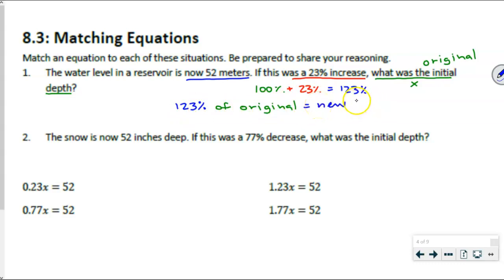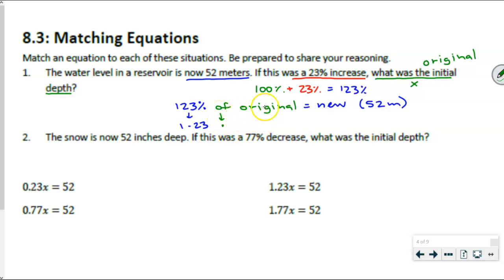Fun fact, that new amount is 52 meters. I would say Y if I didn't know, but since the problem tells me that it's 52, I don't need to use a symbol because I know the amount. So let's translate this from English to mathematics. 123% is 1.23. Of means multiply.